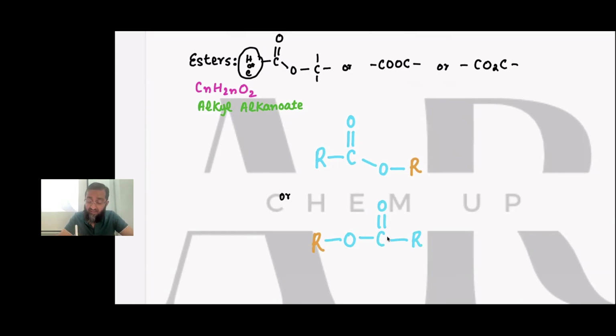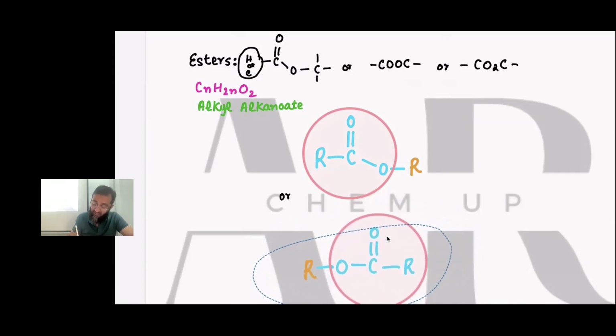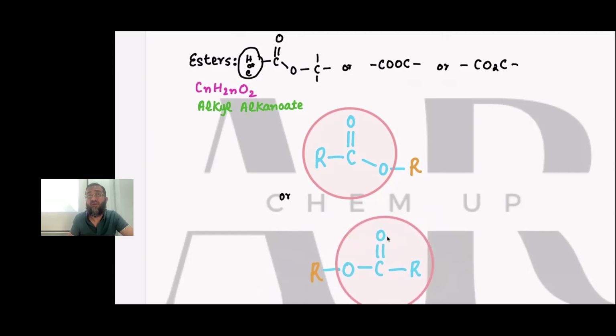The carbon chain which is bonded with C double bond O is always considered the alkanoate.